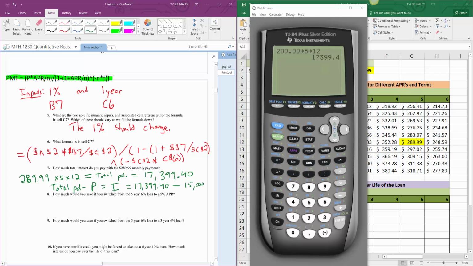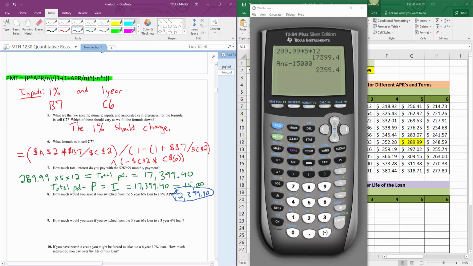So if I take off $15,000, then we get this amount. So let me write this down here. So we get $2,399.40. So this is the total amount of interest we pay.